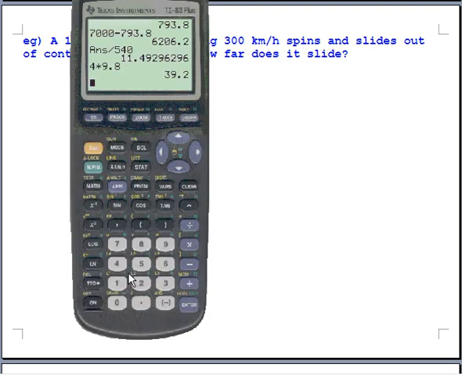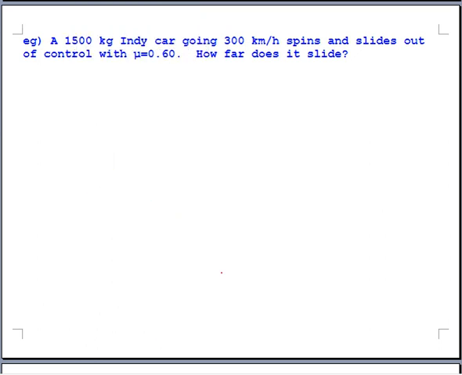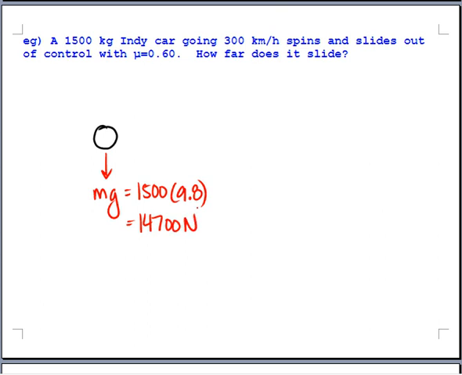Might as well find the number if we have it. 14,700 newtons of force pulling down. But the car's not getting sucked into the center of the earth because the road is pushing back. And that's the normal force. We know it has to be the same as the force of gravity, 14,700 newtons. We've got some friction that we can't ignore.